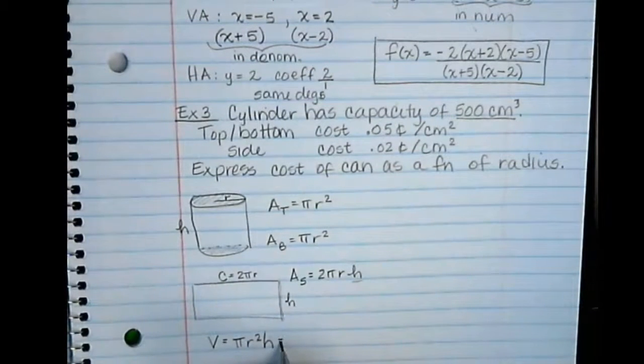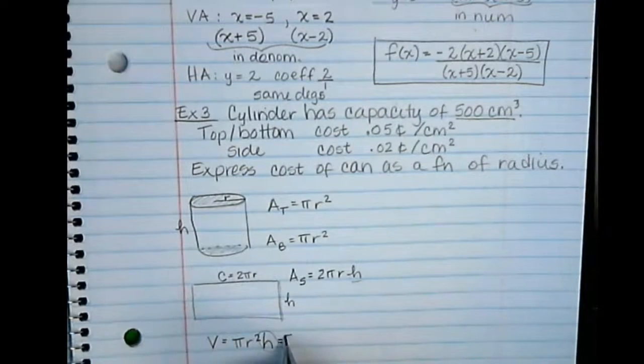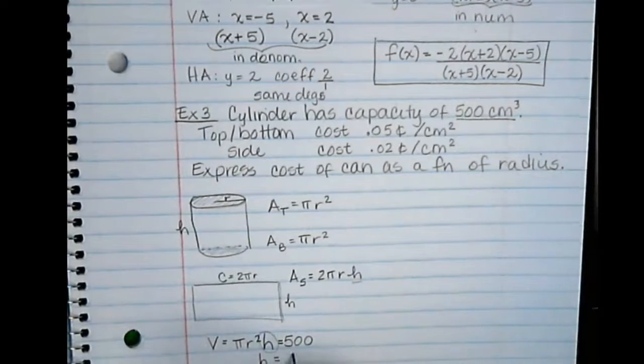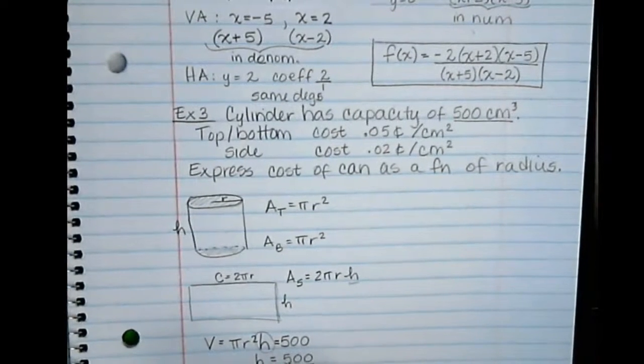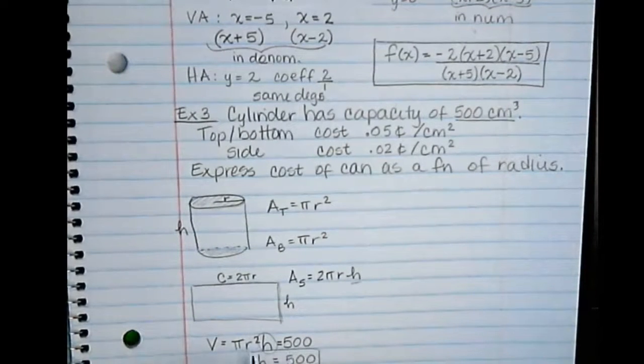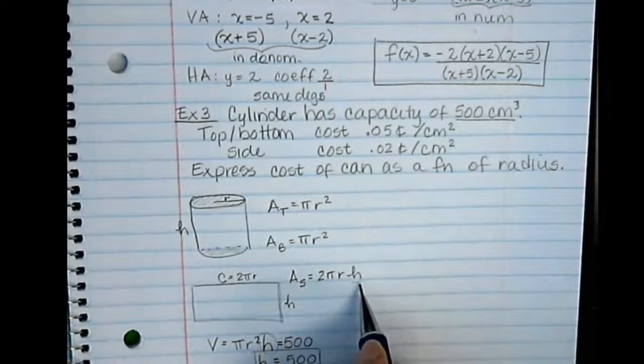So we're going to solve for h when we know the volume is 500. Solving for h, I get 500 divided by pi r squared.